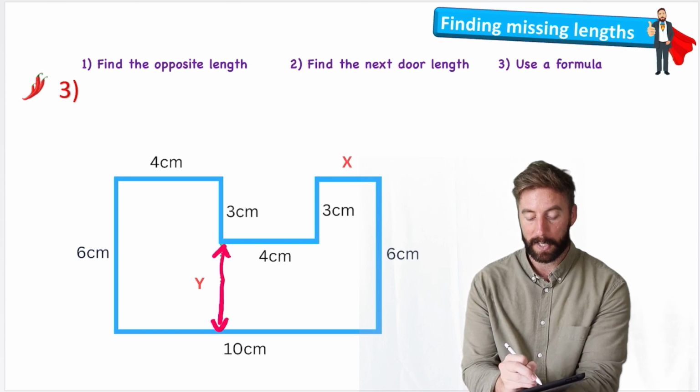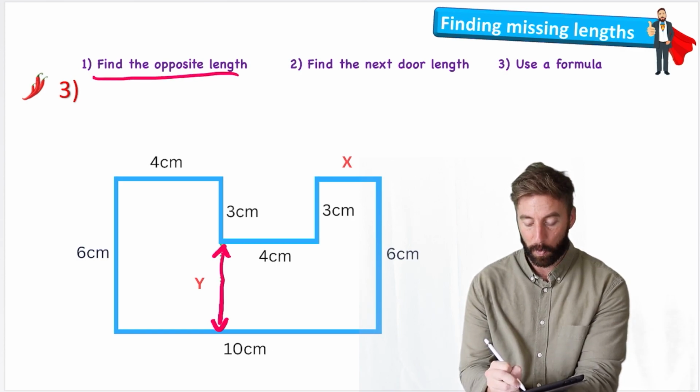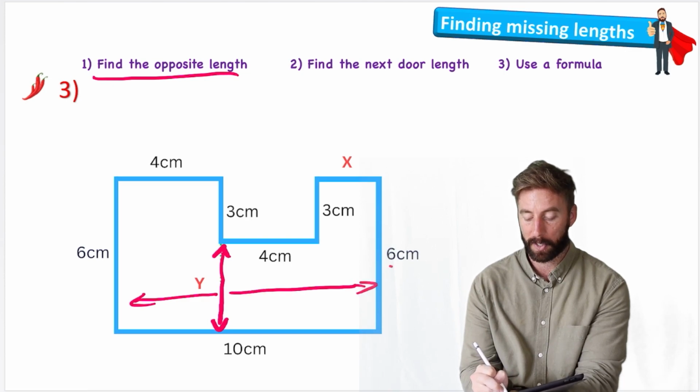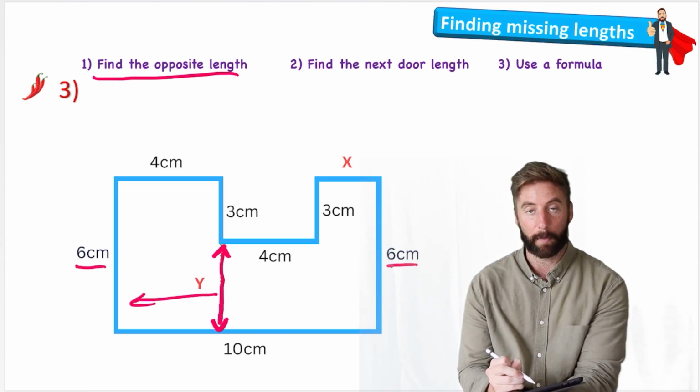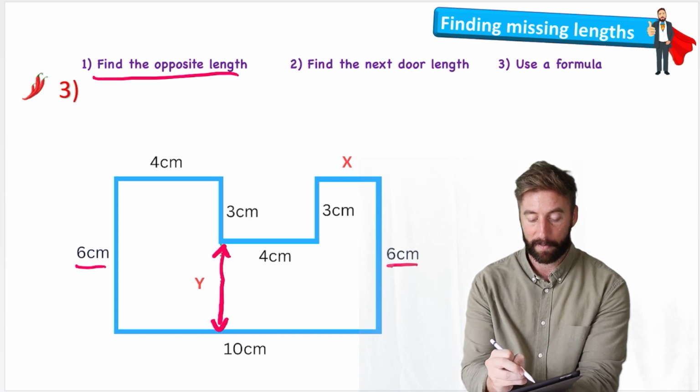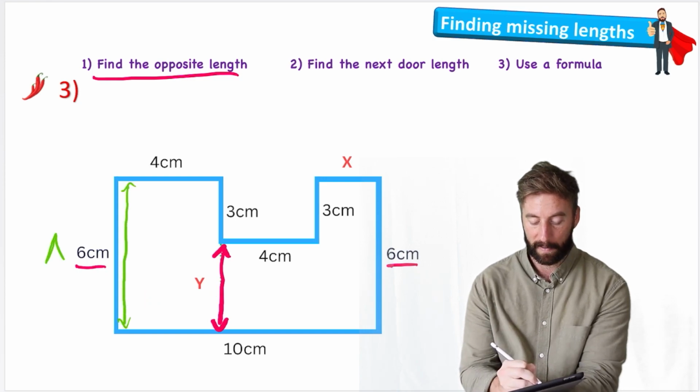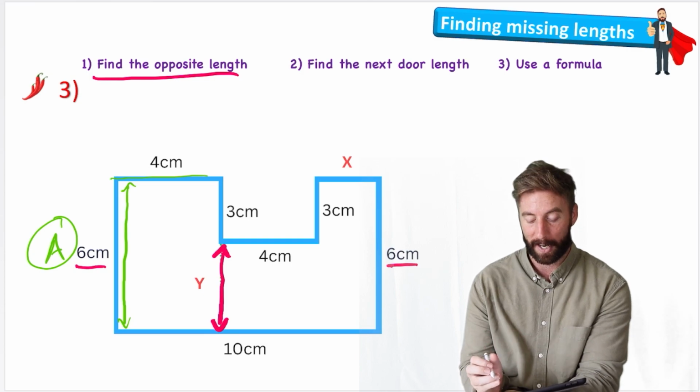So my first step says to find the opposite length. Now with this one I can either come this way or I can come this way for my opposite because they're both 6 centimeters. I'm going to choose to look at this length here on the left, and I'm going to call this length A. So what other information is here that I'm going to need?